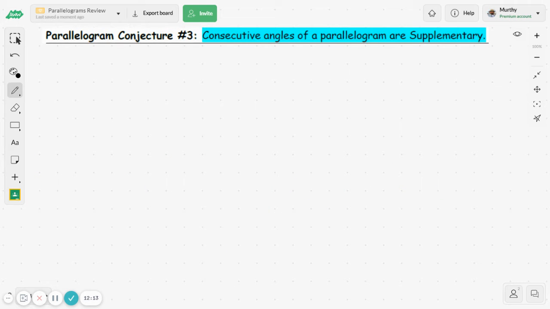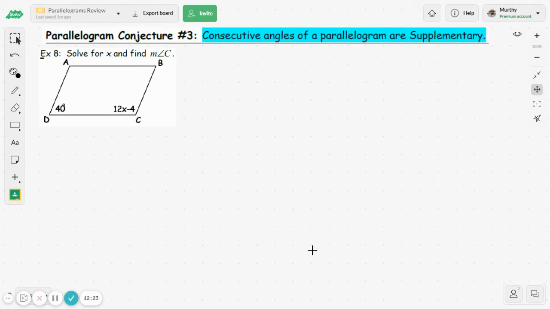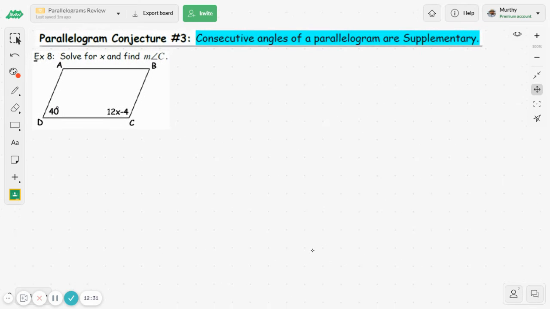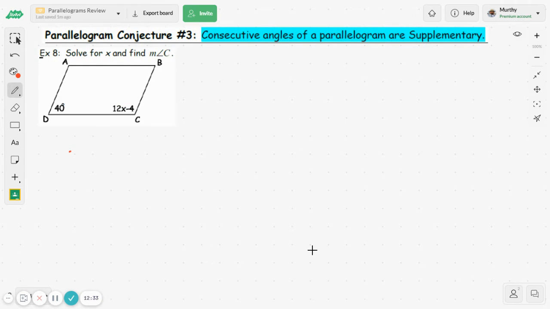Here, consecutive angles of a parallelogram are supplementary. So what are consecutive angles? Let's take an example. In this question, consecutive angles means angles which are next to each other.